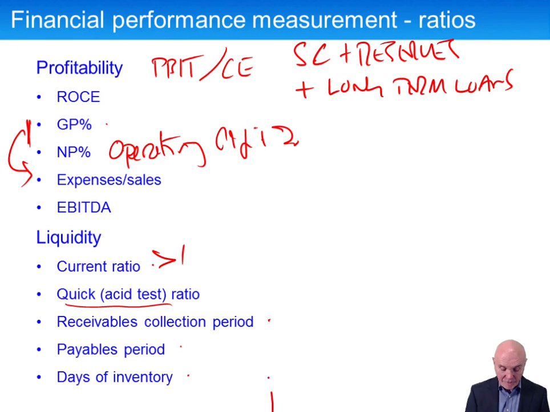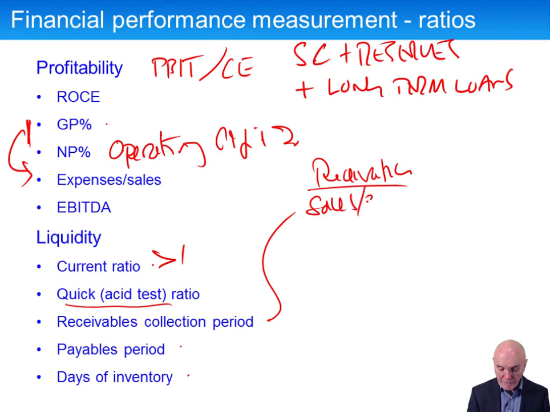The receivables period, if you remember what that is, is going to be the receivables divided by the sales per day. How many days worth of sales are in receivables, in other words.